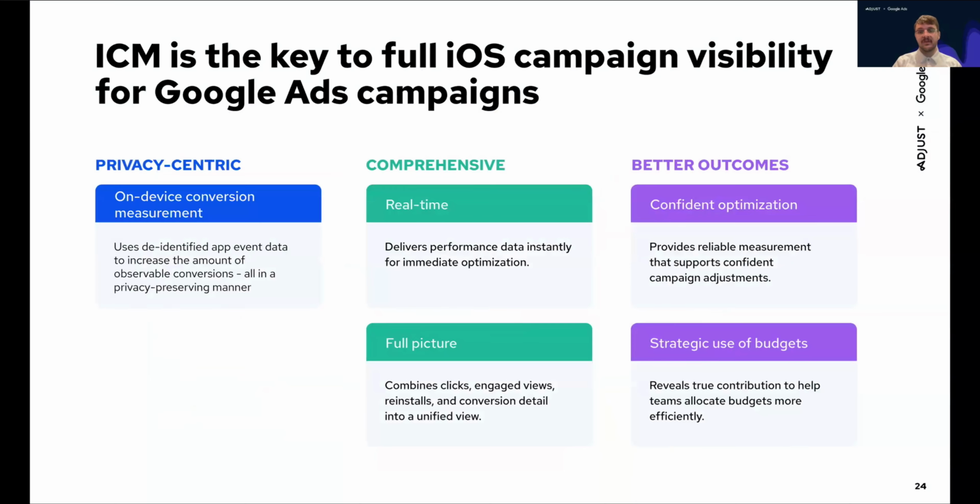So to summarize, the introduction of probabilistic attribution through integrated conversion measurement for Google Ads is a crucial improvement for you all as marketers. Now we're joining hands with Adjust and innovating in order to completely measure iOS activity, where we will be able to provide Google advertisers deduplicated, real-time, granular attribution within the measurement framework that has effectively become, as we all know, an industry standard.